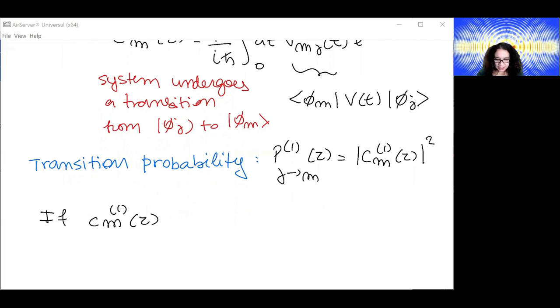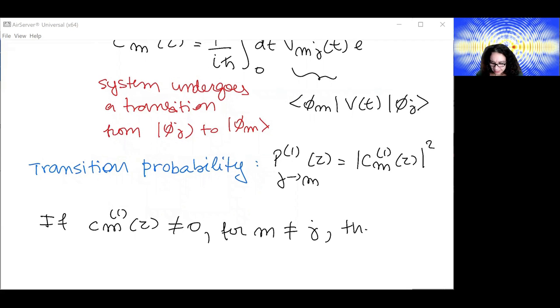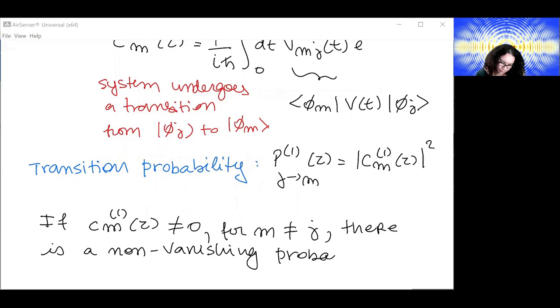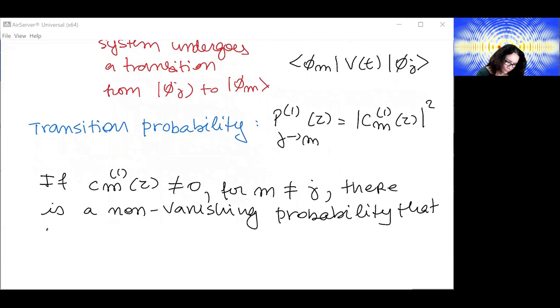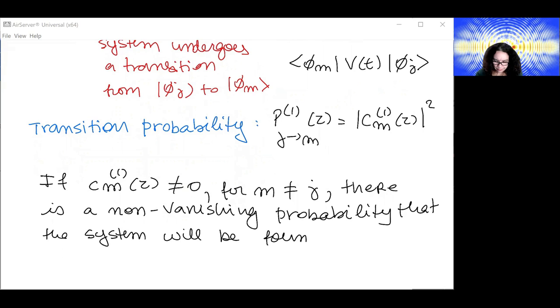And we can say also that if C_M1 tau is different from 0 for M different from J, then there is a non-vanishing probability that the system will be found in phi m.